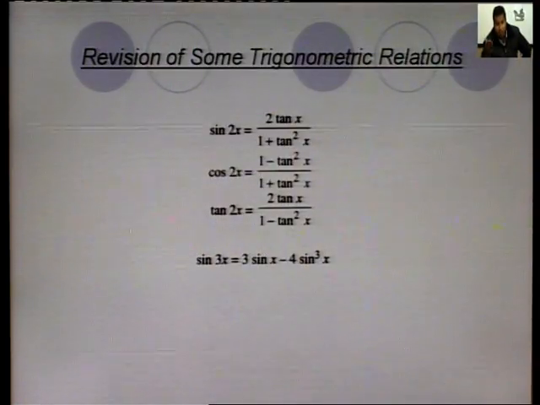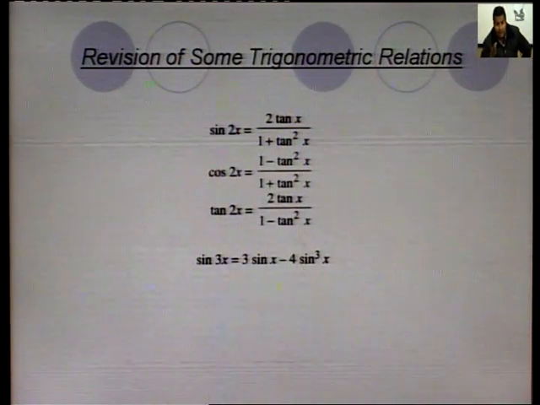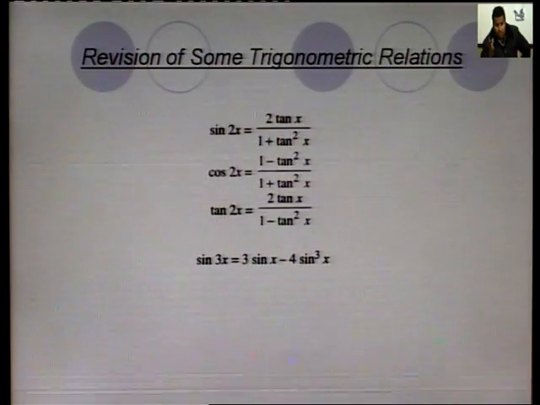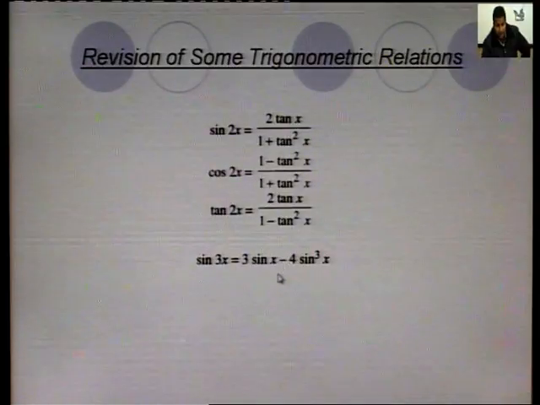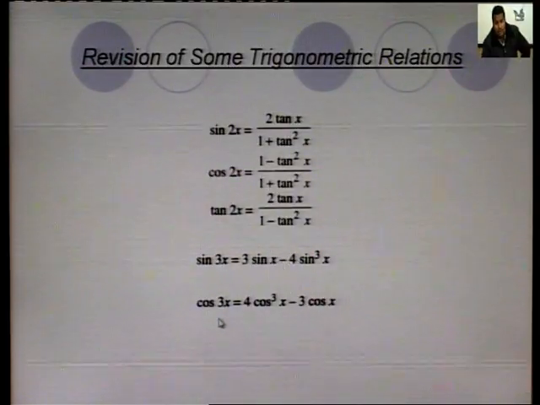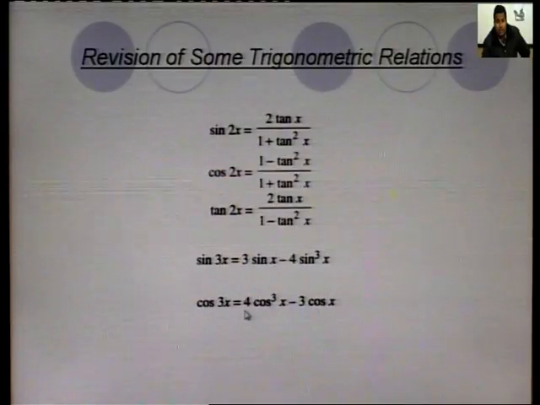Similarly, there are some other formulas. We have done the double angle formulas; now there are triple angle formulas. These will also be useful in the substitution. Sine of 3x is 3 sin x minus 4 sin cube x, and cos 3x is 4 cos cube x minus 3 cos x.